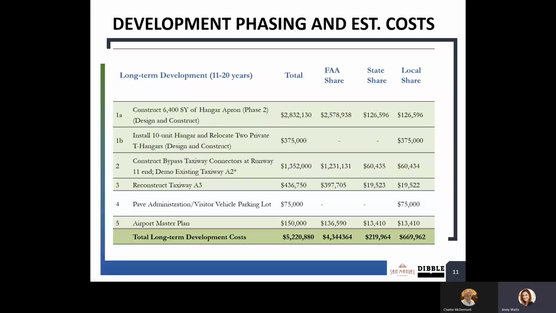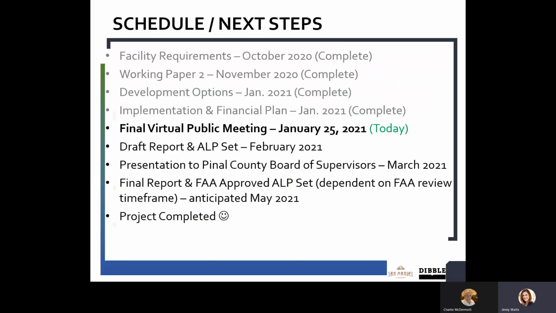And then finally, the long-term development, again, about 5.2 million overall. Again, the largest, most important projects are the phase 2 of that apron expansion and hangar development, along with the master plan. So roughly 4.3 million for the FAA and almost 700,000 for Pinal County, and that's because again, some of the hangar development cost is a local cost only. And I think that sums it up.